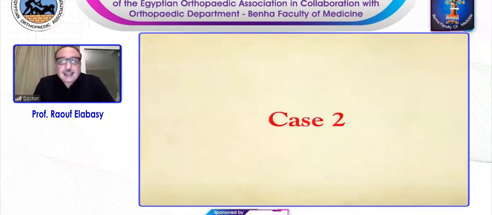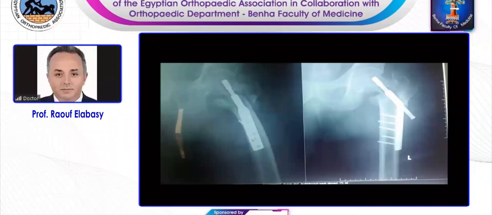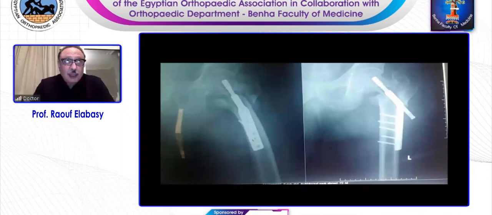The second case, still the same. This is an unstable pertrochanteric fracture where the posteromedial cortex is defective, and this is not an indication for DHS.